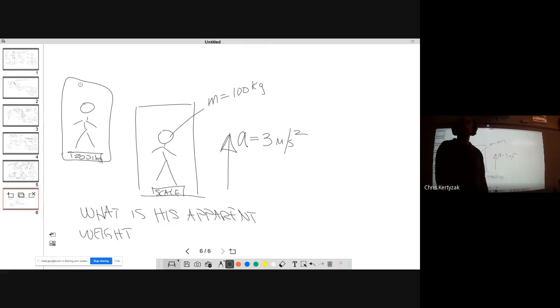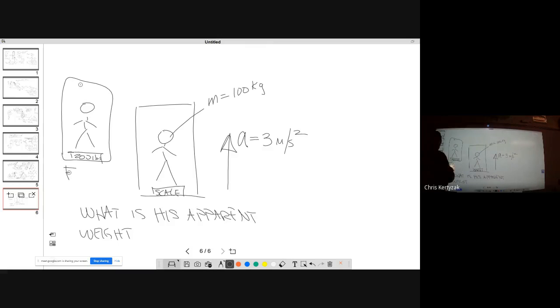As soon as the elevator reaches some maximum speed and continues in the upward direction at a constant speed, I look back down and I see 200 pounds again. Because if I'm going at a constant speed, then the forces on me must be balanced. My weight mg down must be balanced with the normal force up.